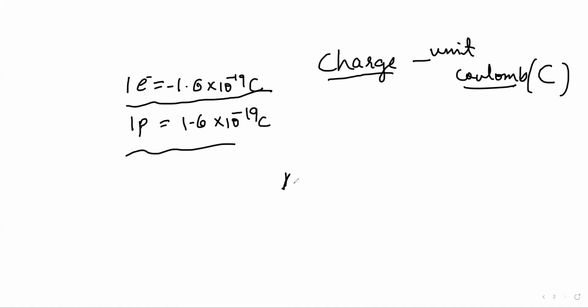Unit of charge is coulomb, or coulomb, whatever you pronounce, fine. Coulomb is given by a scientist's name, so we write capital C. Meter is not given by a scientist's name, so it is small m. Kilo also small. Newton, we write capital N.